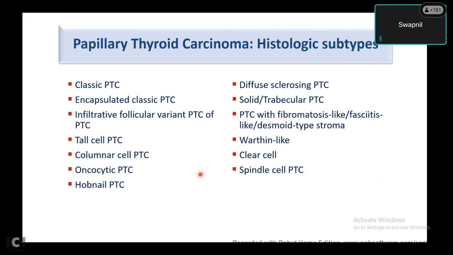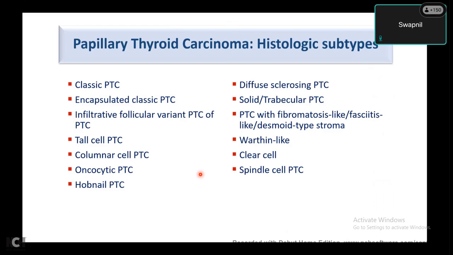In general, the definition for calling something a variant is 30% of that pattern. But there is one odd diagnosis where the cutoff is 50%.